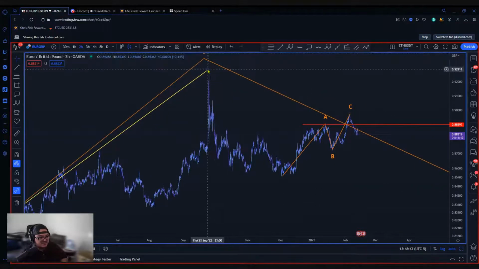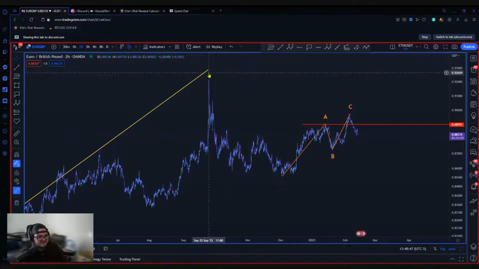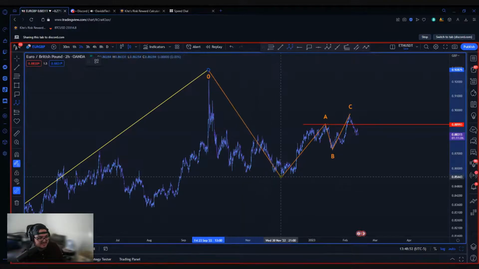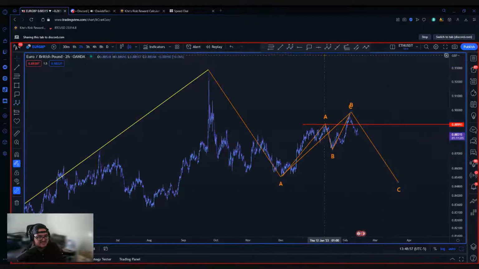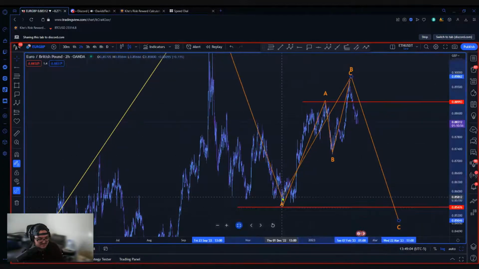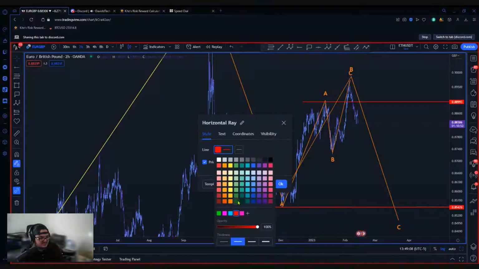And it does have the structure to show that it could possibly do that. What I mean by that is if this point here is the end of that wave, we're looking at this as an ABC to an A, ABC to a B, and it looks like we're going to at least come down and test, or at least I would want to come down and test, that 85.47, whatever that low is, the green line.